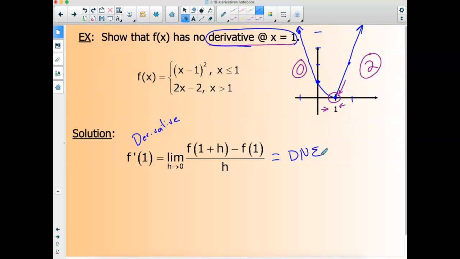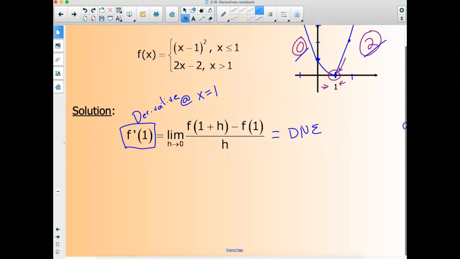Do they have the same slope? Because this is talking about slope. It's the derivative. It's a very special limit. This is the derivative at x equals 1. Okay, so now I need to find the right and left derivative. I already did. I graphically found it. I know they're not equal, but I want to algebraically show you how to do that.